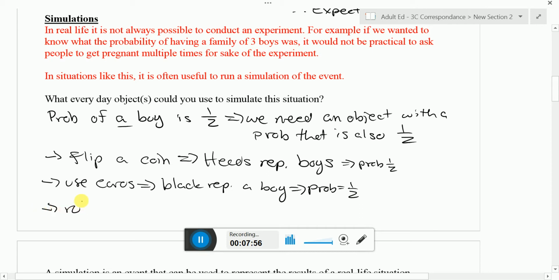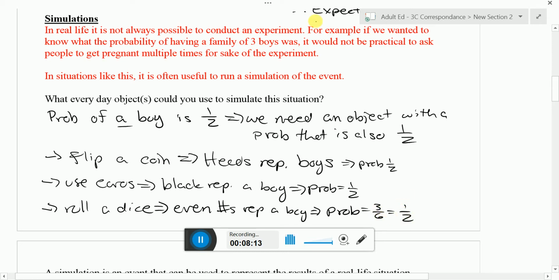You could roll a dice and have even numbers represent a boy. The probability of an even number when you roll a dice is 3/6 or 1/2. Again, the key is the probability of getting a boy is 1/2.